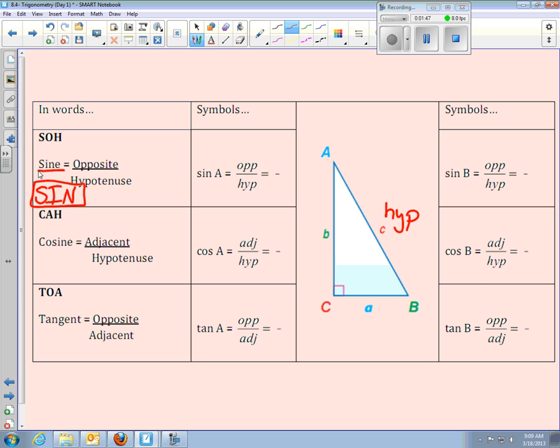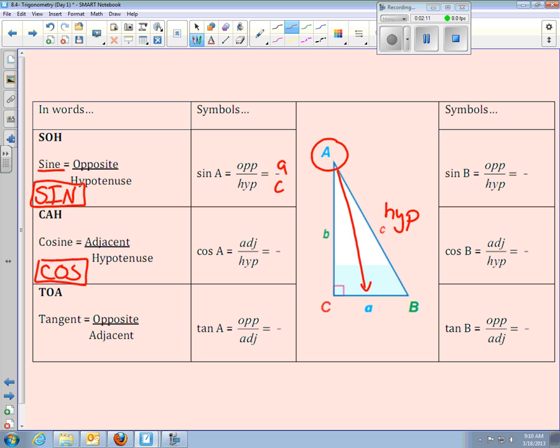So let's go ahead and start by looking at it in relationship to angle A. So we have opposite, and the opposite is straight across. So that's our A. And then our hypotenuse, which we've already determined is always going to be C in this triangle. So sine is opposite over hypotenuse. Then we have our cosine, and you'll see that as the COS button on your calculator.